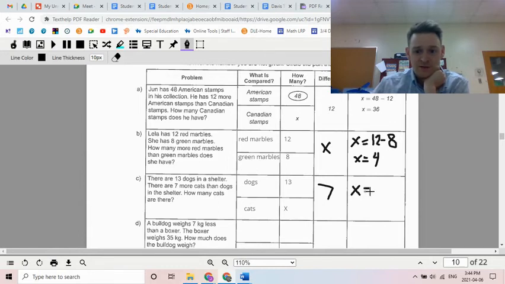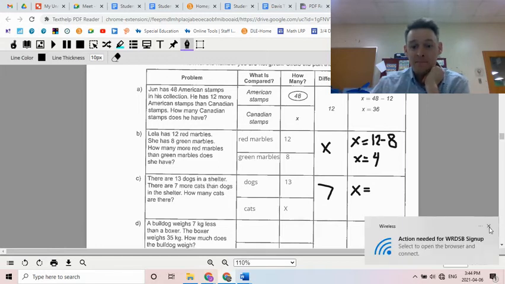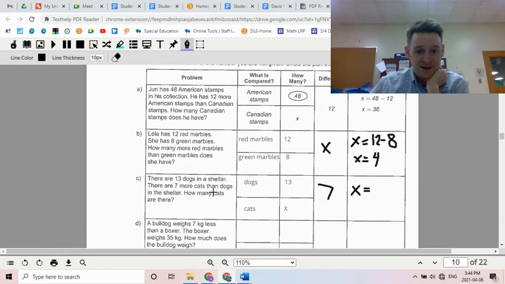equals, there are 13 dogs in a shelter, and there are 7 more cats than dogs. So if there's 7 more cats than dogs, oops. I don't know why my numbers are disappearing.